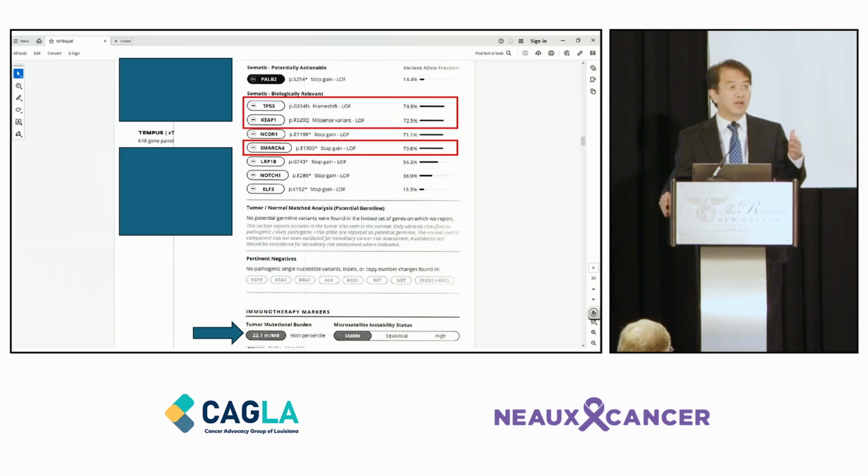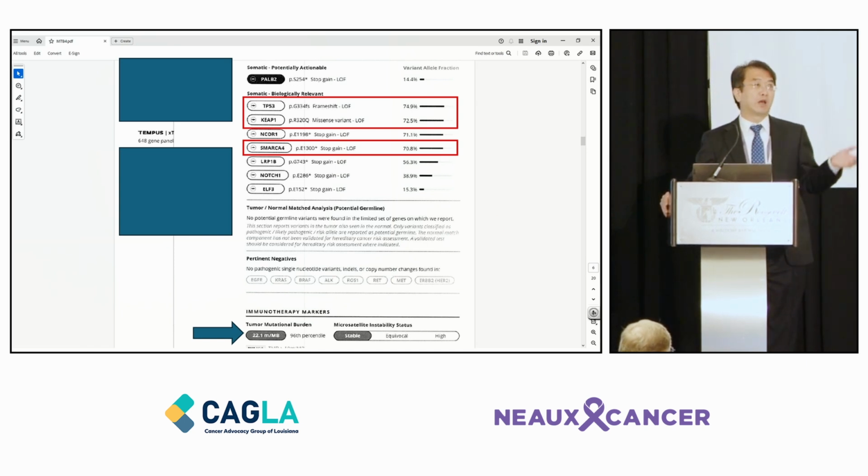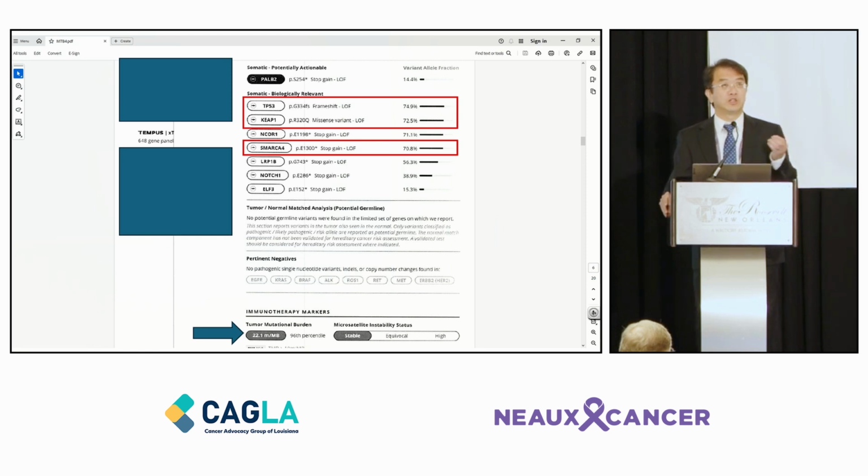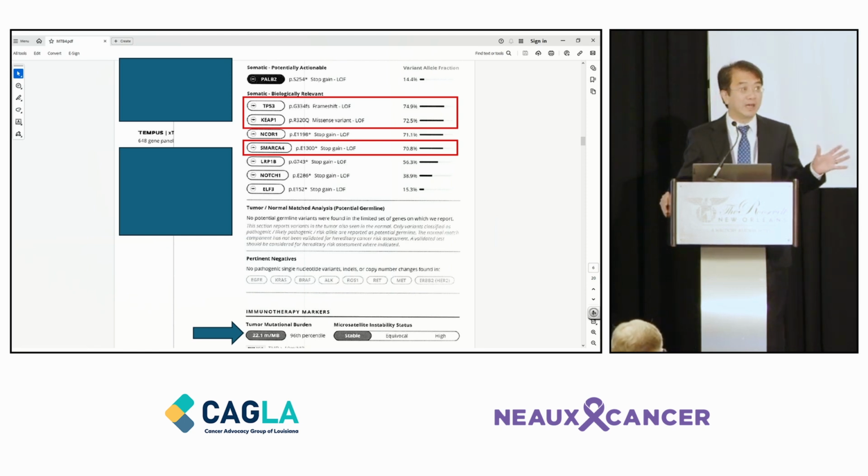SMARCA4 is getting more and more popular and better understood in the tumorigenesis of many different cancers, especially thoracic malignancies. We have diseases like thoracic SMARCA4-deficient undifferentiated tumor. But in this case, we already defined it as a non-small cell lung cancer, so by definition we are not thinking about those tumors.